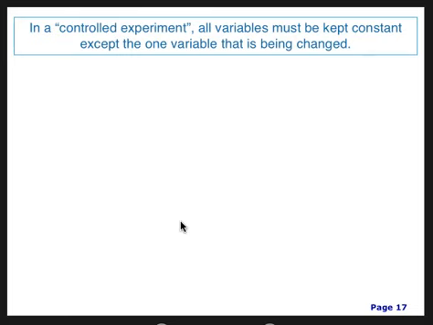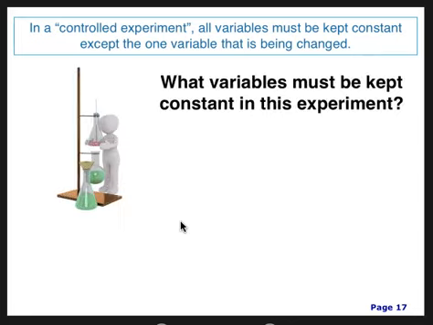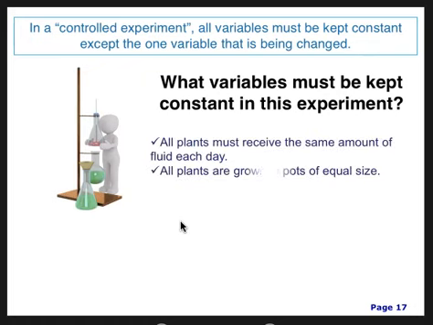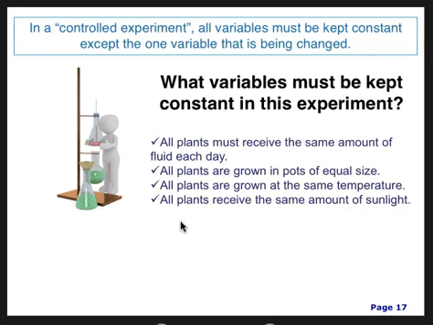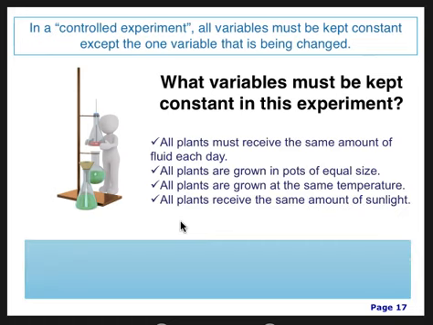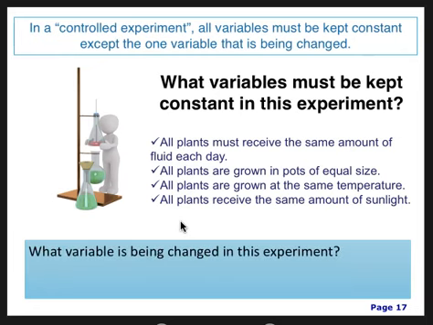We have to keep all the variables except for that independent one, so we have to keep everybody else equal. The other one that I didn't type on there that I probably should have is that they all have the same soil and the same amount of soil.